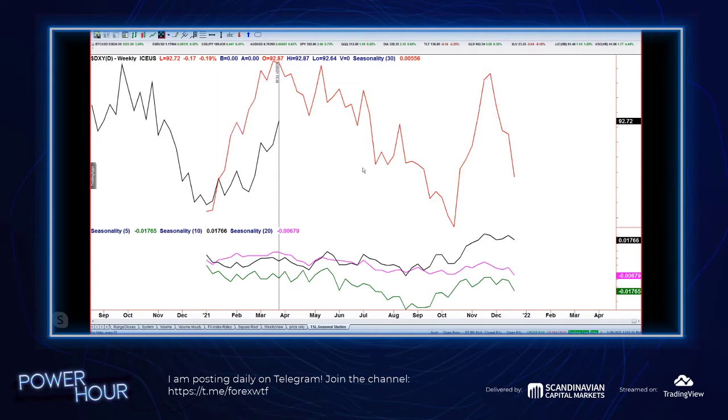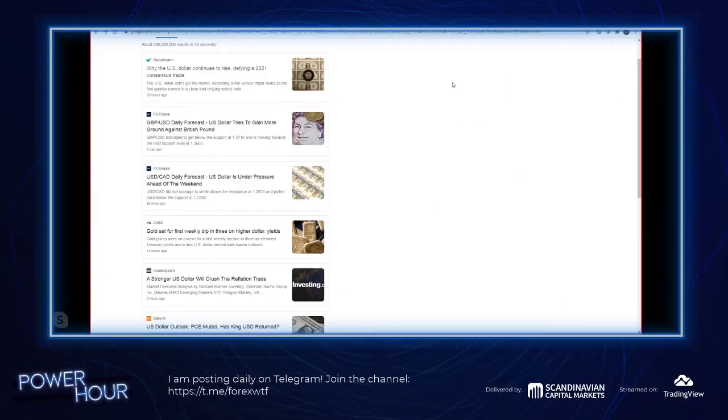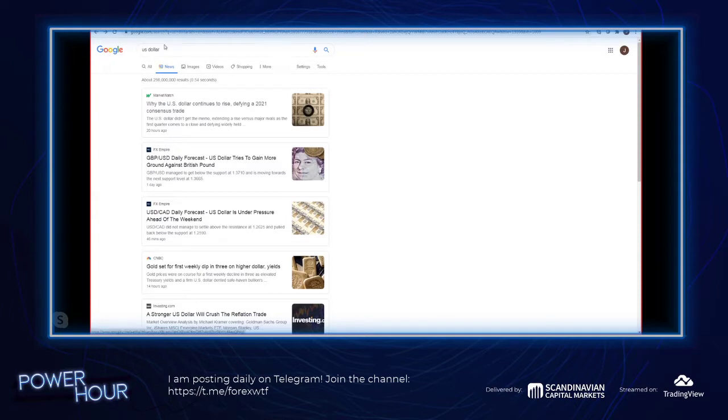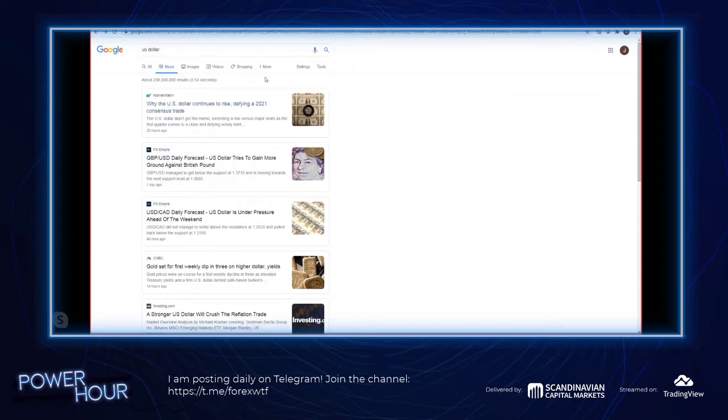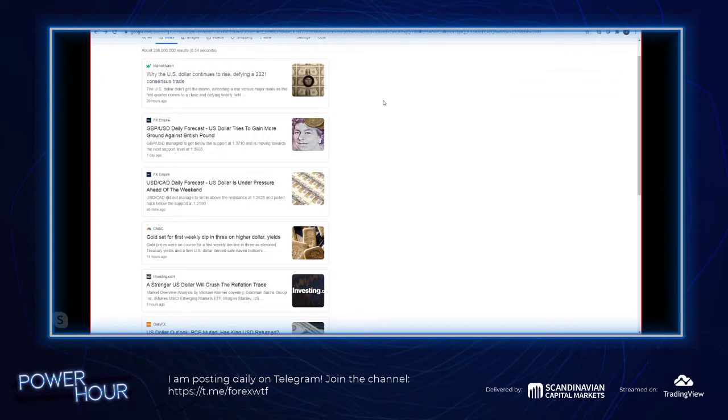Moving along to sentiment indicators. I talked a bit about this last week, but one of my go-to tools in the toolbox is to go to Google, type in US dollar, or you can do this for really any asset, and see what the headlines are that come up. When I write my updates, I throw in interesting headlines that come across and take a contrarian approach to them.